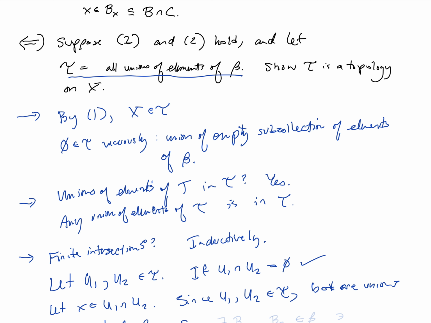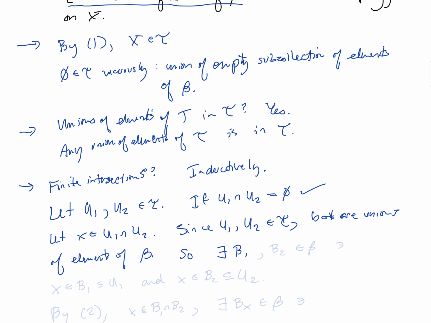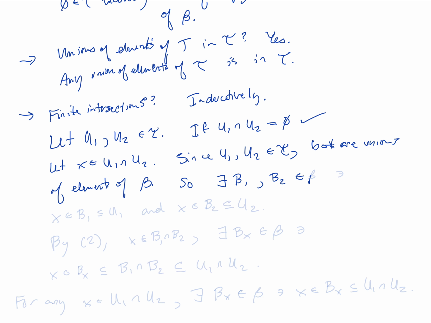And so that means there exist sets B1 and B2 in beta such that X is an element of B1, which is a subset of U1, because U1 is a union of elements of beta. So X being in U1 means there's some basis element containing it that's a subset of U1. And X is an element of B2, which is a subset of U2 for the same reason.